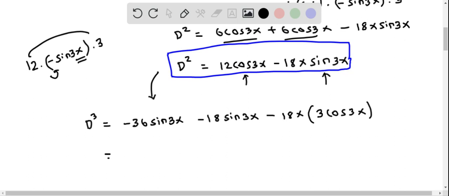Let's simplify this. This is negative 36 sine 3x minus 18 sine 3x, so we add these two, which gives negative 54 sine 3x.